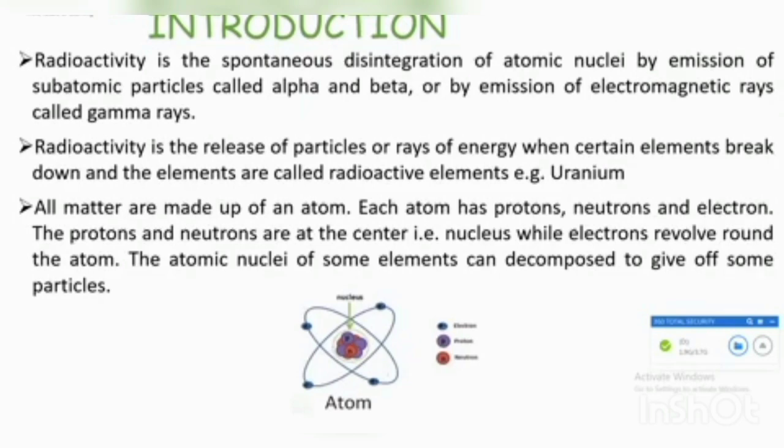The atomic nuclei of some elements can decompose or disintegrate to give up some particles. This process is what we call radioactivity, and it was first discovered by a French scientist called Antoine Henri Becquerel.